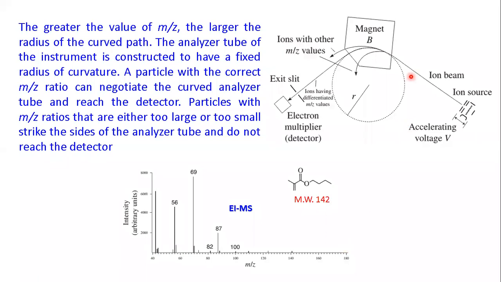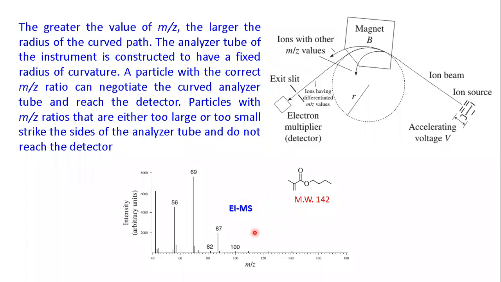That is governed by this particular technique, where the magnetic field is utilized and you have a proper channel. Through this curved channel, only the proper ions will be directed. Ions with very big M by Z values will not come. In mass spectrum, one thing you remember: when one radical or cation is formed, they can combine also to form a bigger ion, and that bigger ion generally will not be observed.